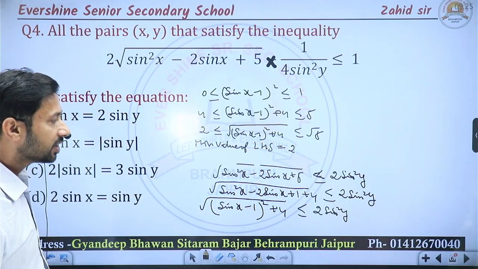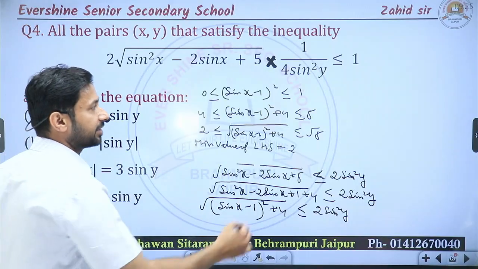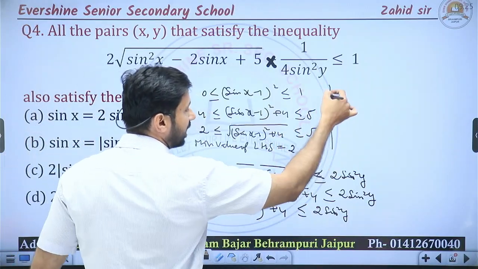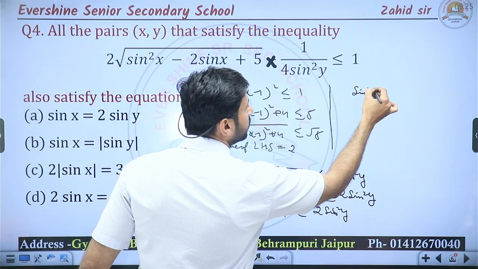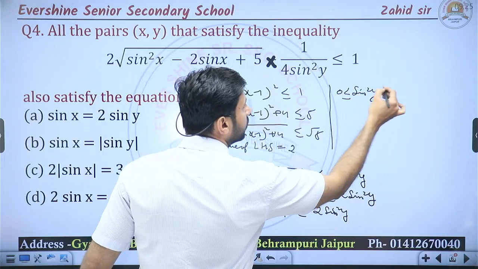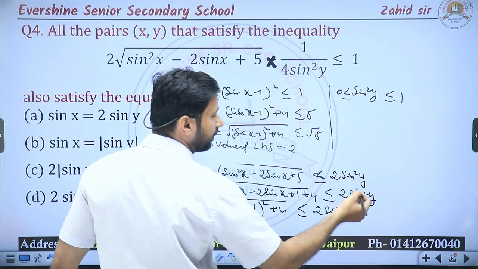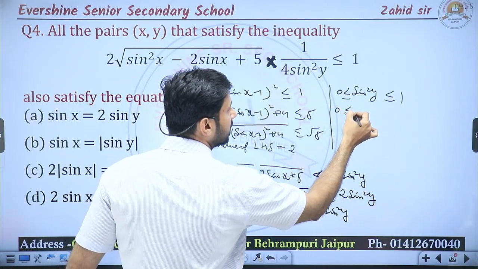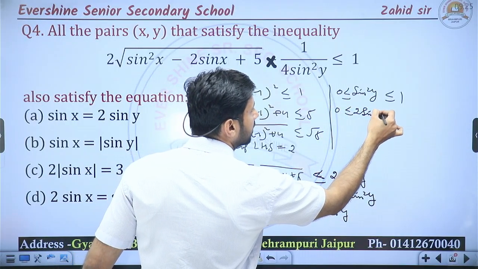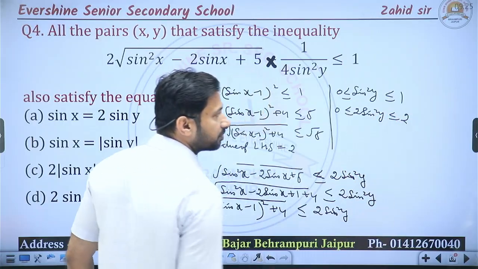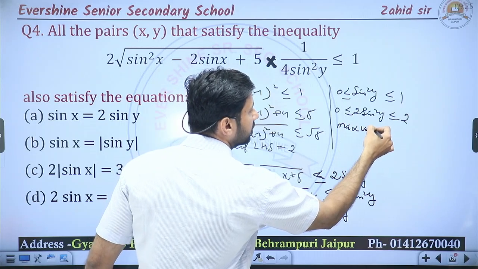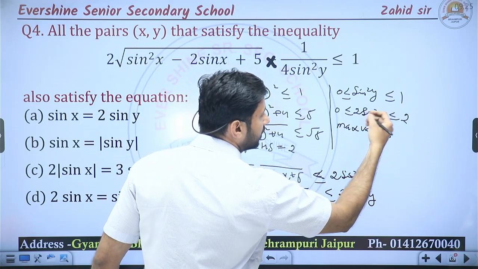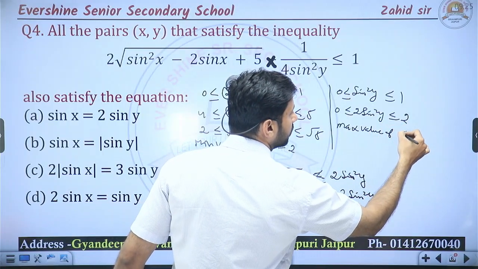Okay, now we will analyze RHS. In RHS we are having 2 sine square y. As we know, sine square y lies from 0 to 1. Now multiply by 2. So 0 less than equal to 2 sine square y less than equals to 2. So the maximum value of this will be 2.